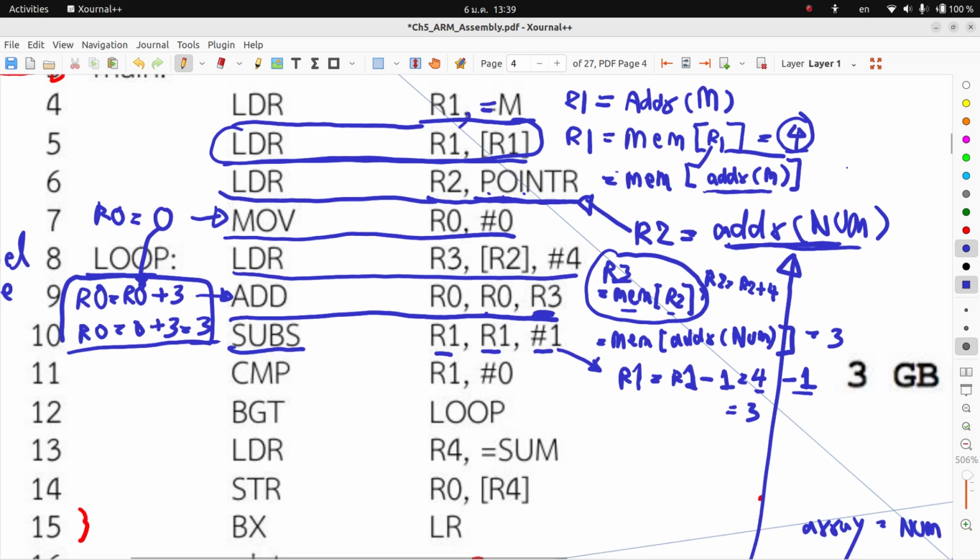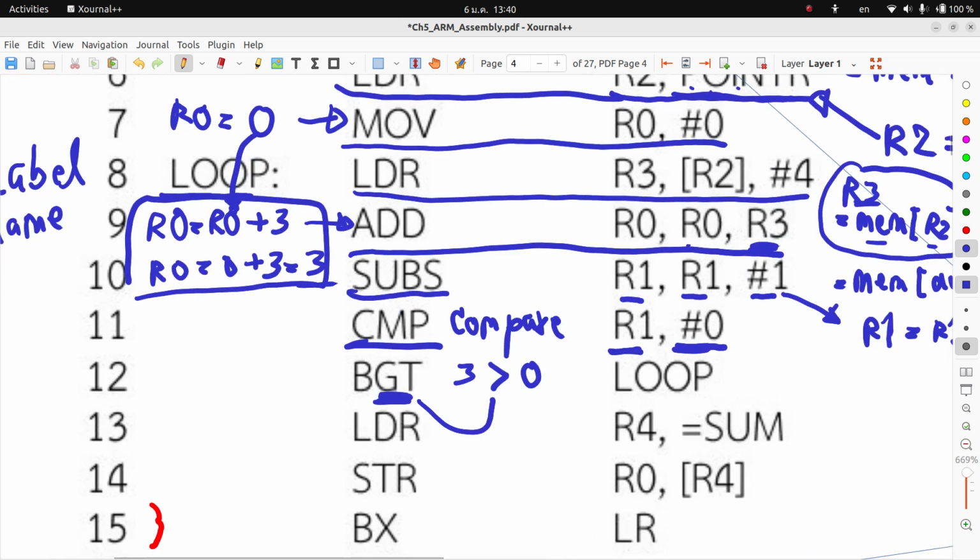Then R1 is compare. CMP stands for compare. R1 compare with 0. R1 now is 3. 3 versus 0. That means 3 is greater than 0. Here, GT. GT means greater than, remember? 3 greater than 0. The answer is true or false? True.